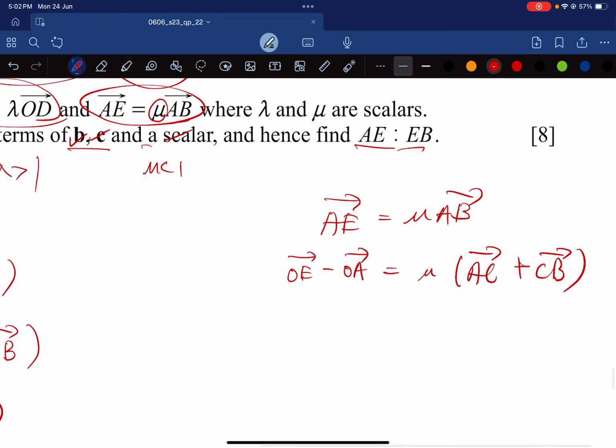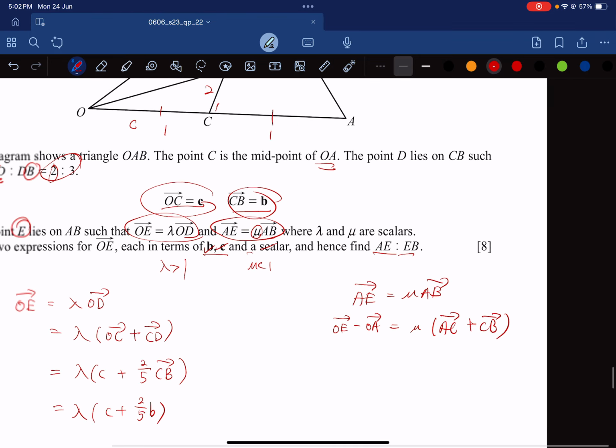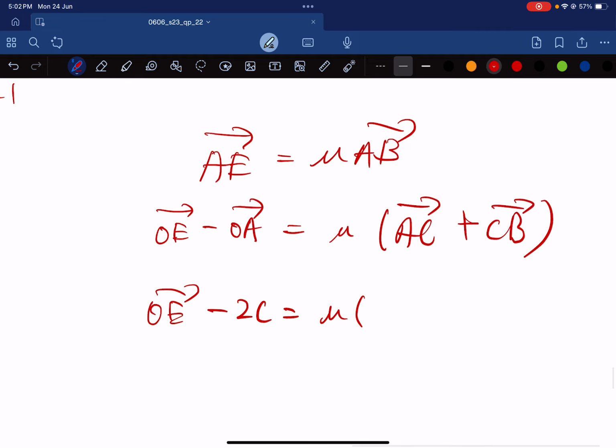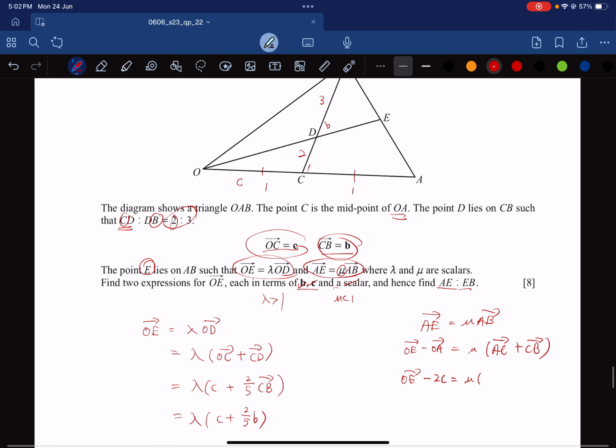OA would be double OC, so 2c. This would be mu times. AC would be negative c, going in this direction.